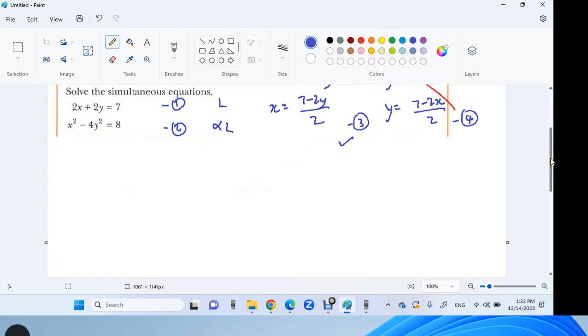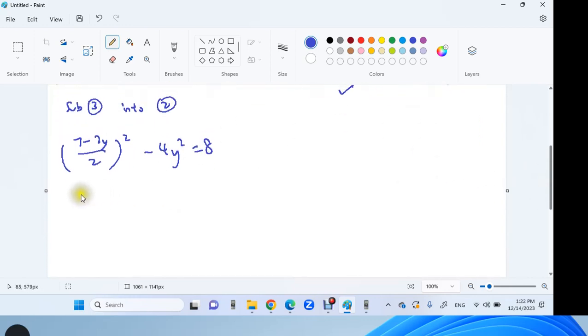Then what I do now is substitute equation number 3 into equation number 2. Then I have (7 minus 2y over 2) squared minus 4y squared equal to 8. Then what we have is 49 minus 28y plus 4y squared over 4, minus 4y squared equal to 8.